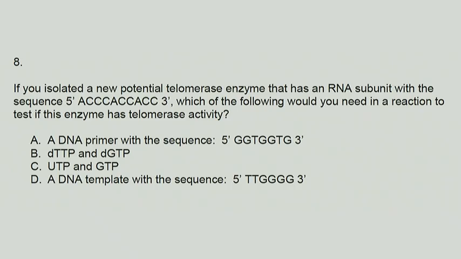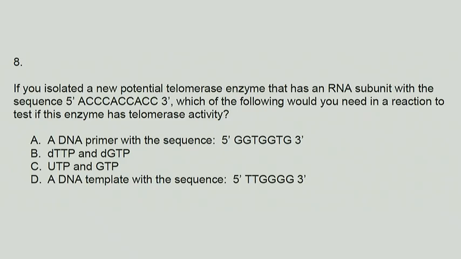Yeah, so which one of these is complementary to that? This is A, right? GGT, GGT, G. That's going to bind to the 3' end of that telomerase repeat. If you're reading from the 3', CCA, CCA, C, right? That will bind right there, and that will extend and continue that repeat with the jumping mechanism that I've talked about before with telomerase.